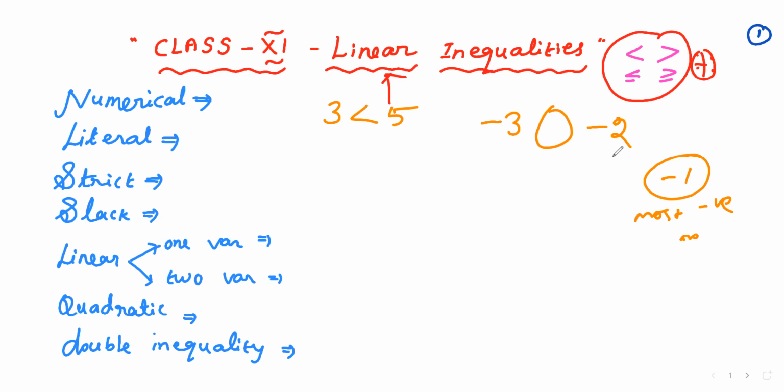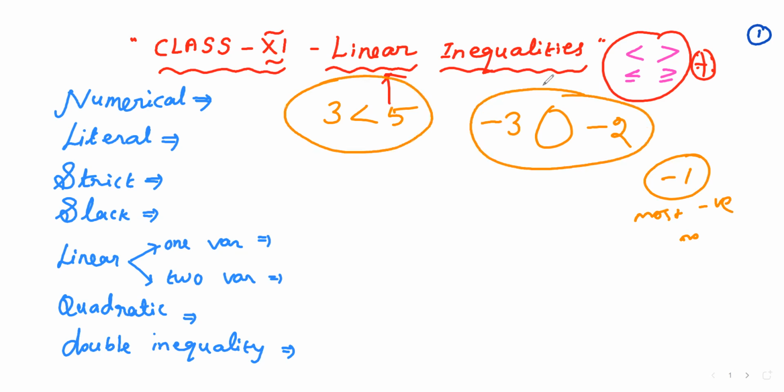What, ma'am? -3 compared with -2, like that they are having confusion. Tell me what will come here. Anyone put a comment? These things are numerical inequalities. Less than symbol will come, isn't it? Minus 3 is less than minus 2.